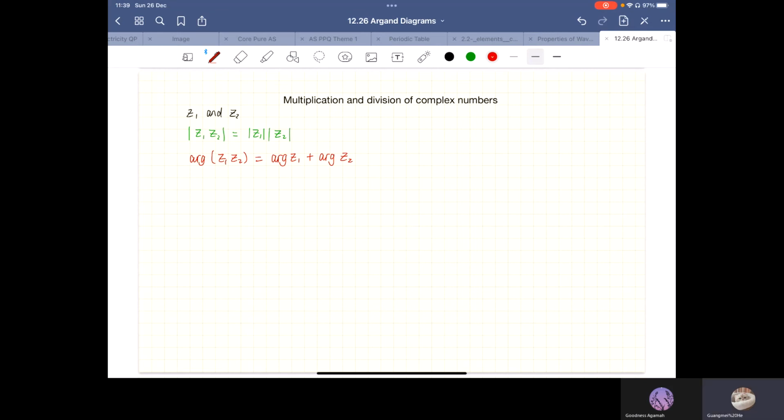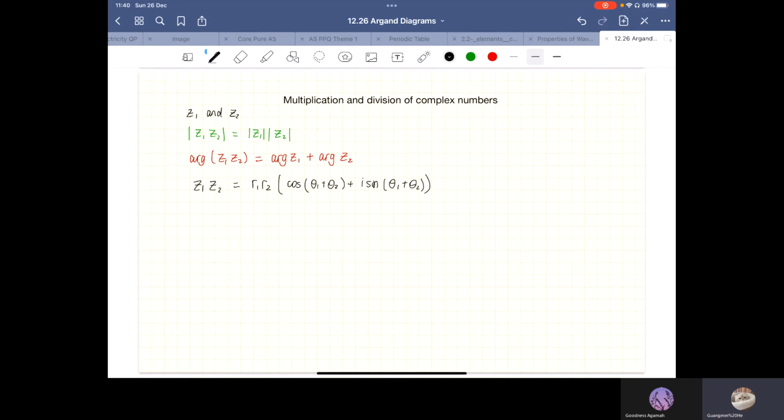And to combine these two together, when you multiply these complex numbers, z1 z2, you will get r1 times r2 times bracket cos theta 1 plus theta 2 plus i sine theta 1 plus theta 2. And there's actually a proof for this, which I can show you if you're interested.